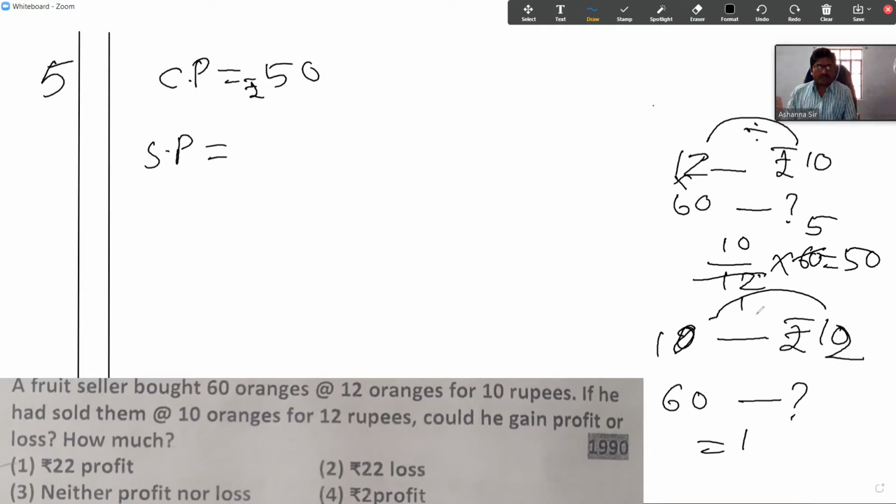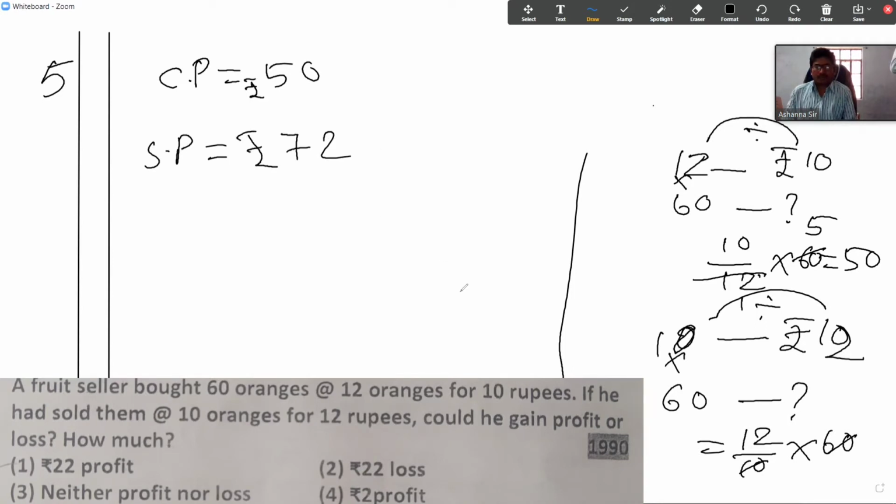We know the unitary method. So 12 by 10 into 60. The 0s get cancelled. 12 6s are 72 rupees.